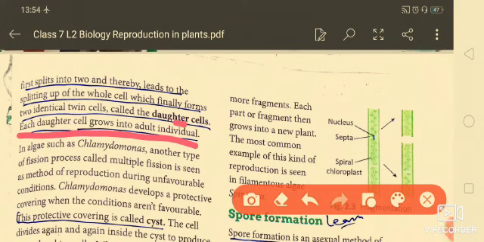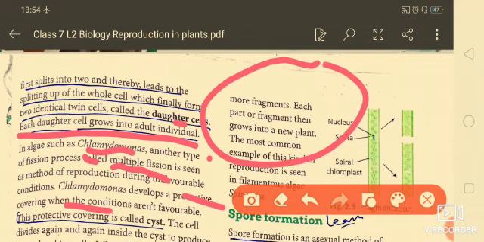Okay. Now in algae like Chlamydomonas, another type of fission is found, whose name is multiple fission. So here in Chlamydomonas, it develops a protective covering when conditions are unfavorable. This protective covering is called the cyst.